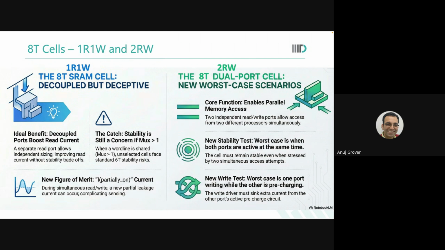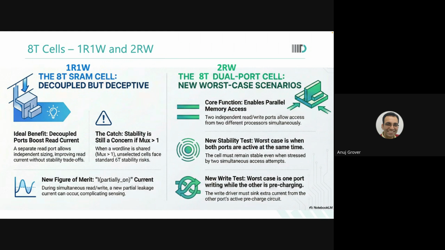So that cell has a slightly different structure than this cell. Instead of this set being there, there is another set of another pair of bit lines now, and another word line also. And the same thing can happen. Both the word lines can get selected simultaneously.